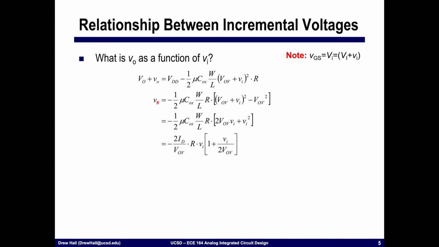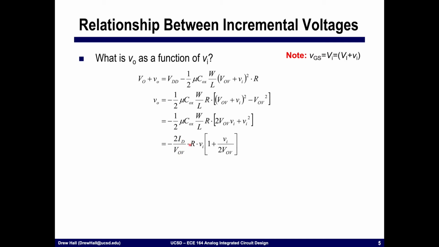Okay? So only the effect change due to vout after we've already found the operating point. And so what I can do is I can continue to simplify this circuit, and I eventually get that the small signal vout is simply equal to minus 2 times ID divided by VOV. This is due to my DC operating point.